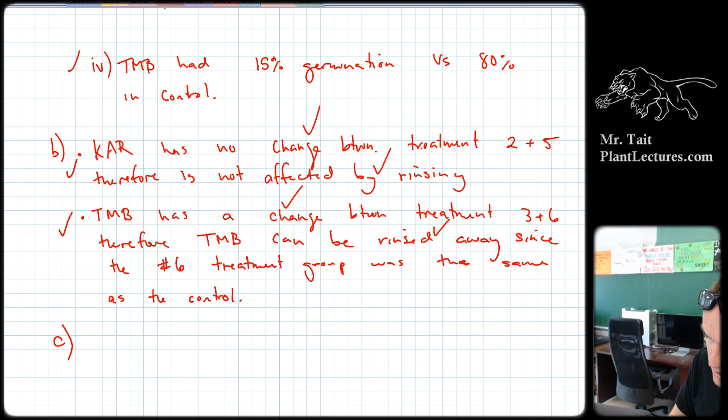So C, there is an intense competition between plants to successfully colonize areas that have been recently cleared. Describe one advantage of KAR regulation and one advantage of TMB regulation to plants that live in an ecosystem with regular fires. Okay, so KAR regulation is going to cause them to germinate very quickly after a fire.